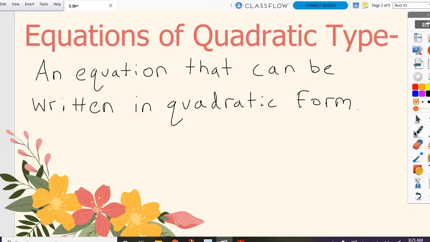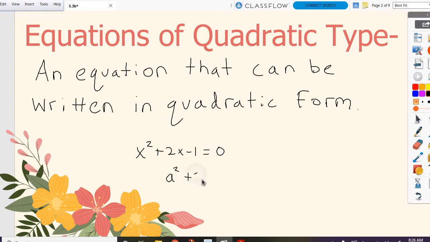So in the past, when we've seen quadratic equations, they've looked like x squared plus 2x minus 1 equals 0. That's a pretty standard quadratic equation. But remember, it doesn't always have to be an x.